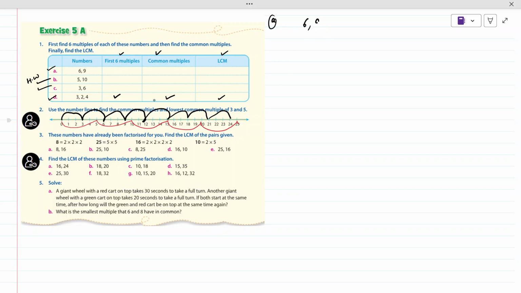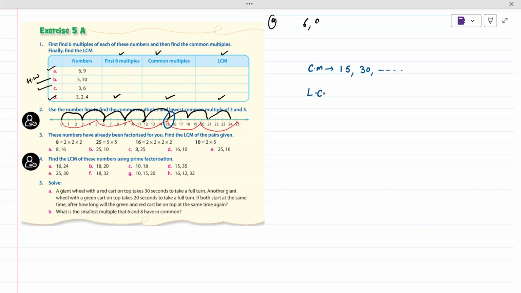Common multiples are the numbers where these two lines meet. One such place is 15 here. Next will be 30 if we extend this line, but for the given line we have 15. So the common multiples will be 15, 30 and so on.